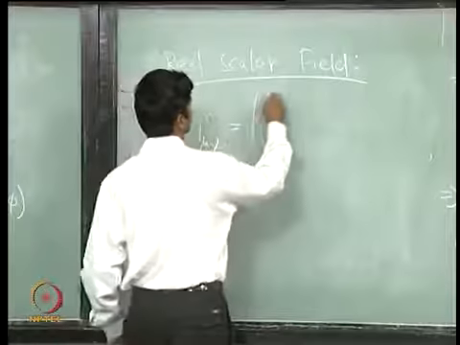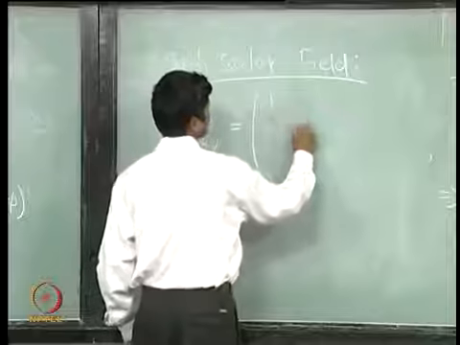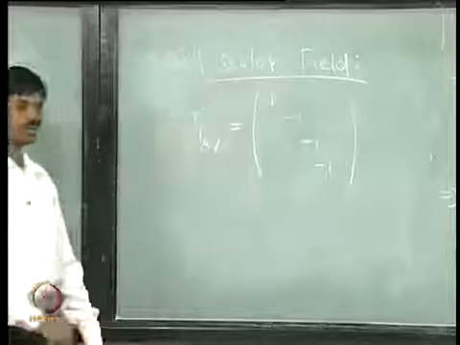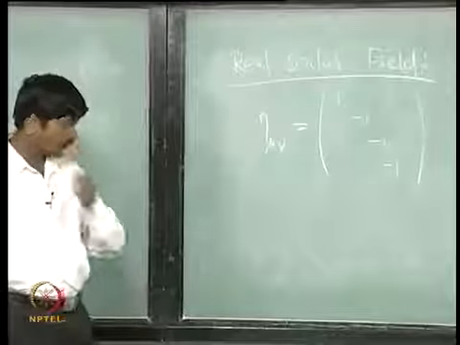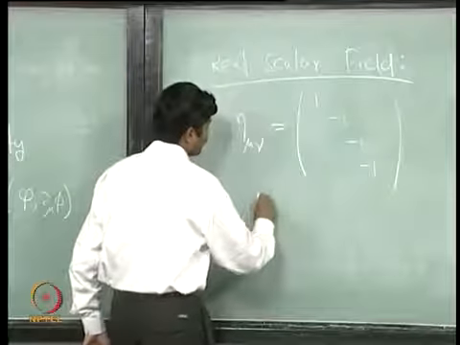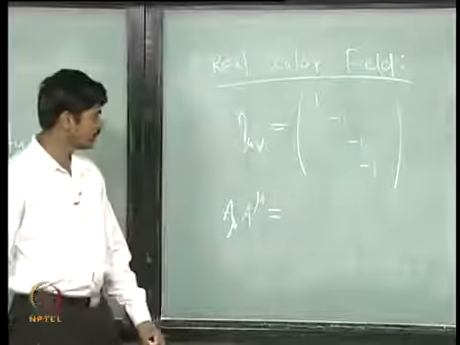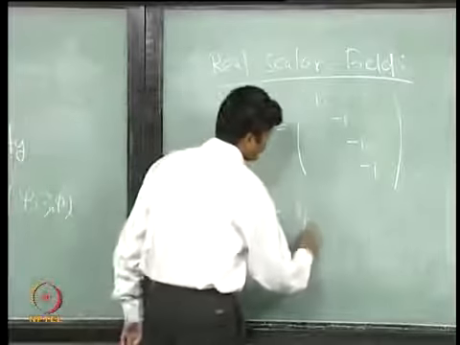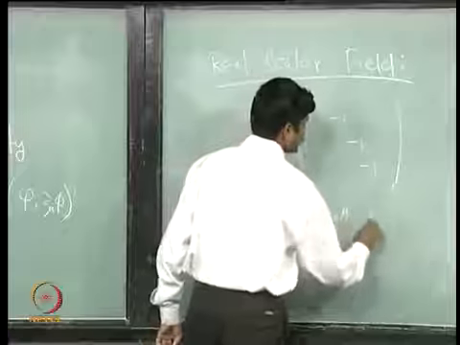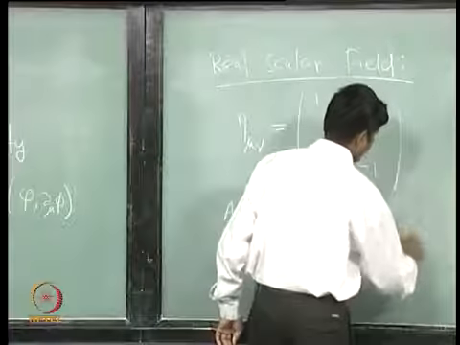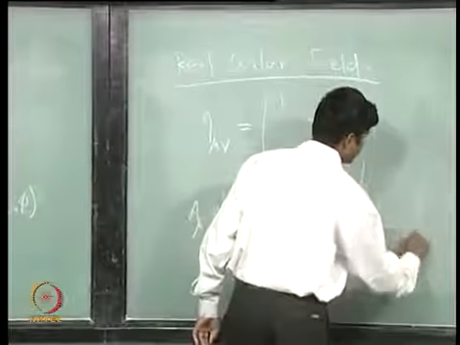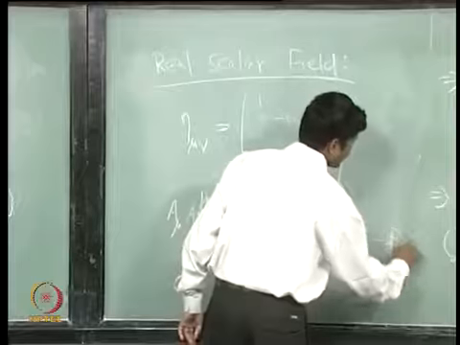So, eta mu nu is (1, minus 1, minus 1, minus 1), or in other words, the invariant length of a vector a mu, which is equal to eta mu nu a mu a nu, is a0 square minus a dot a.